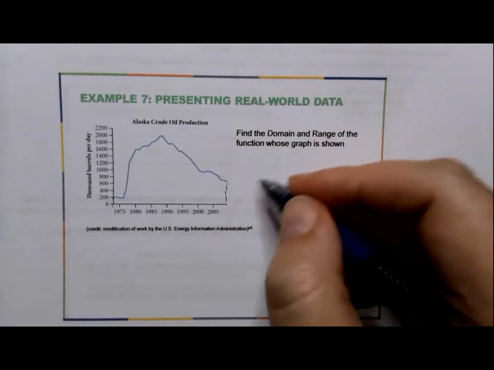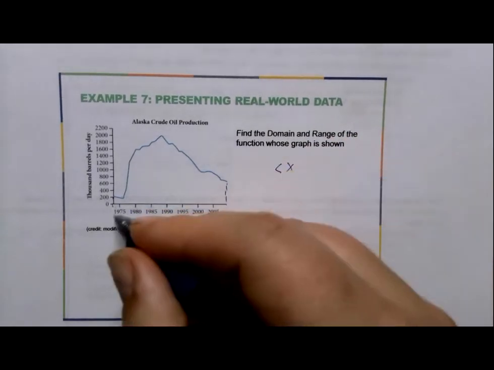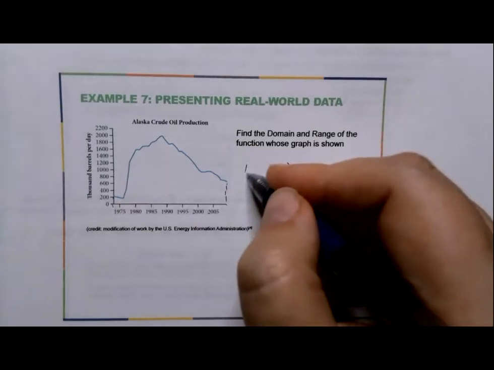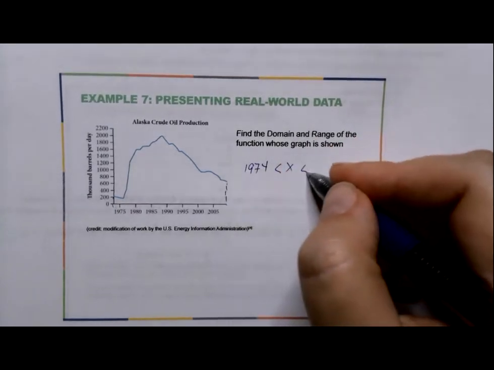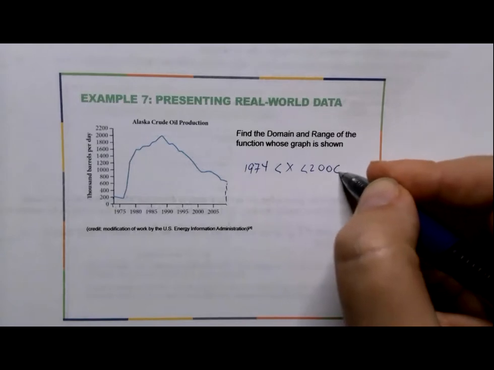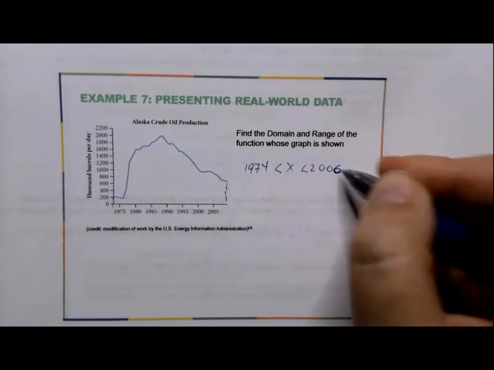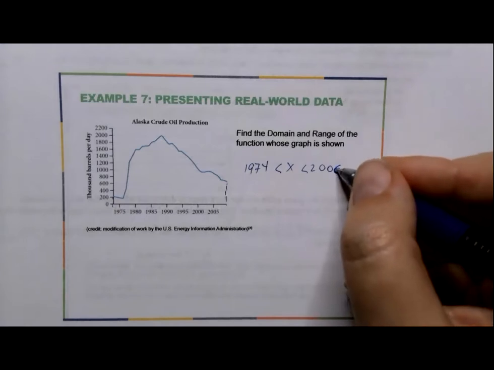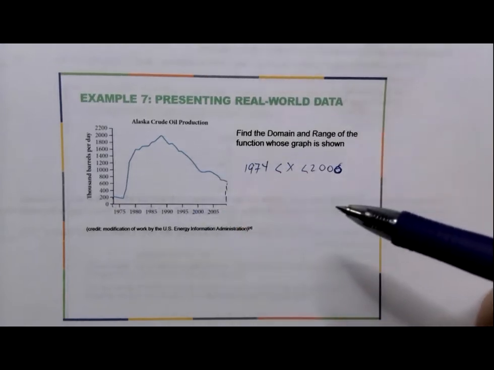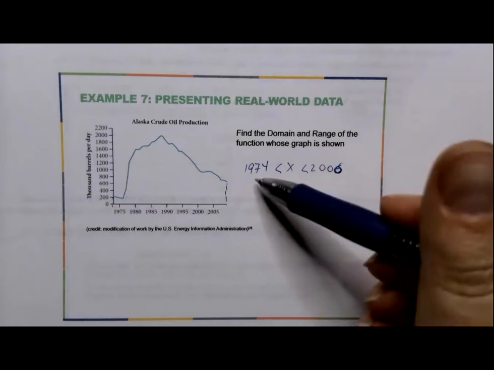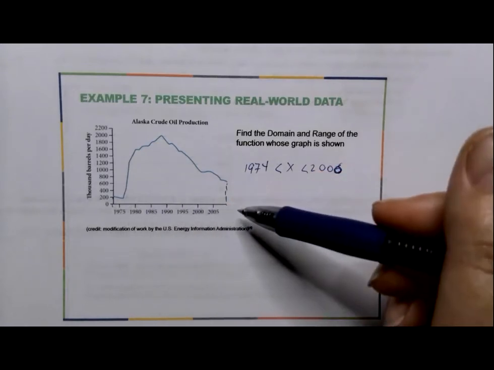We're going to say that our domain is basically between 1974 approximately and 2006. One of the rules of statistics: do not extrapolate your data beyond what you have. We don't have any information beyond this, so we're just going to stick with the values that you see on the x-axis.